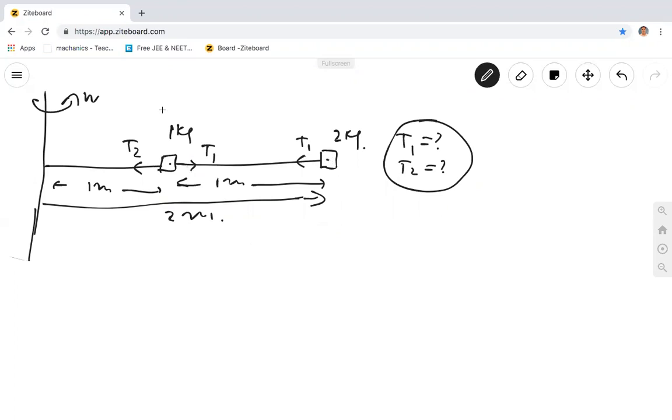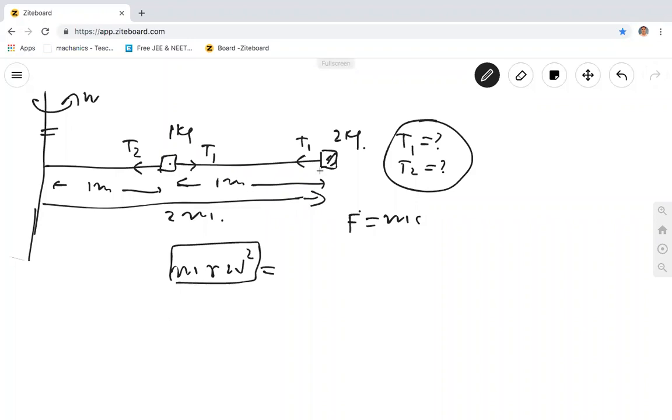This one moves in a circle, this mass around this rod. So what is the equation that I will write? Who are the agents? Tension is the agent. Good. That means m r omega square. M is this m. What is r?